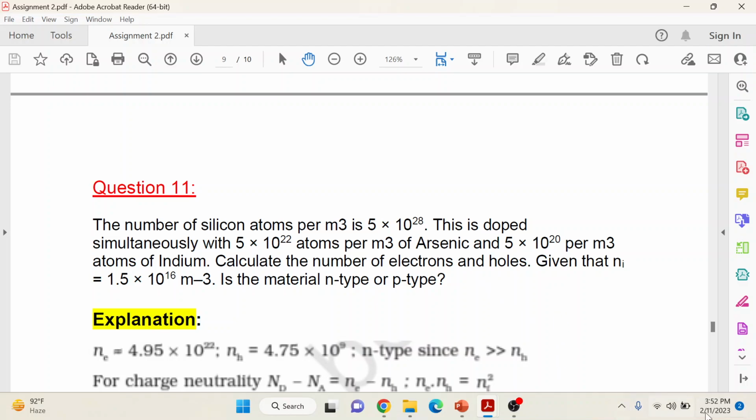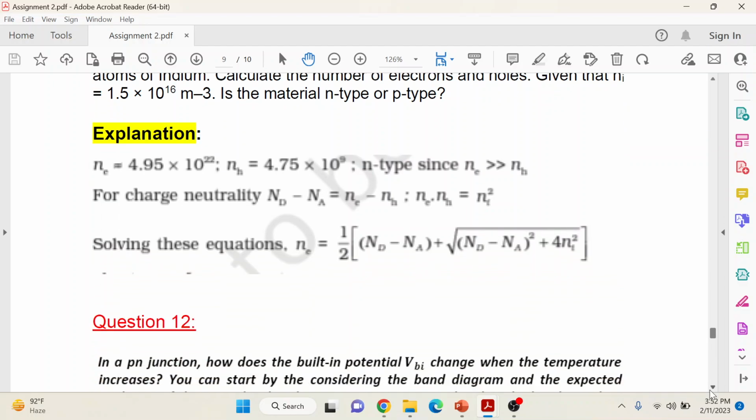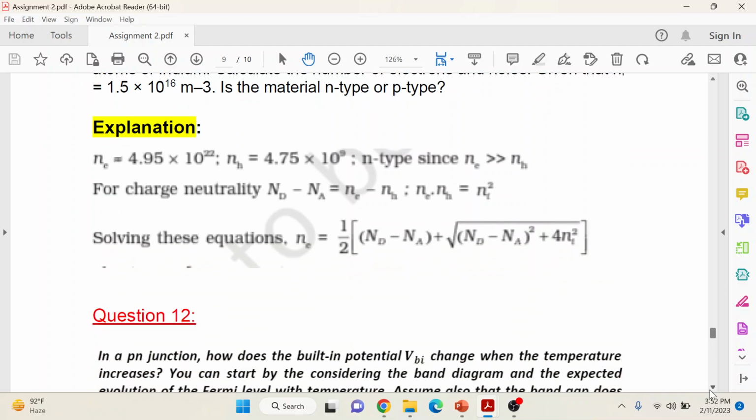Now, first of all, we know the number of electrons is 4.95 × 10^22, and the number of holes is 4.75 × 10^9. So this is n-type, since Ne is greater than Nh.